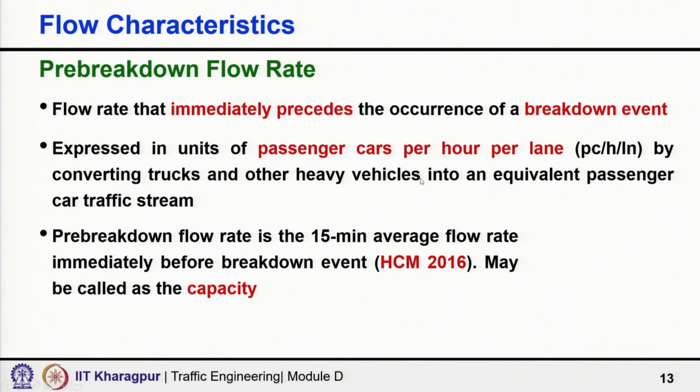Not that the actual stream will have only cars; there may be the effect of trucks and heavy vehicles. So, you convert them using appropriate equivalency values and express all traffic in terms of passenger cars per hour per lane. Obviously, the pre-breakdown flow rate is basically the 15-minute average flow immediately before the breakdown event. You may call it the capacity. That is the time you will get the capacity, but immediately then breakdown.